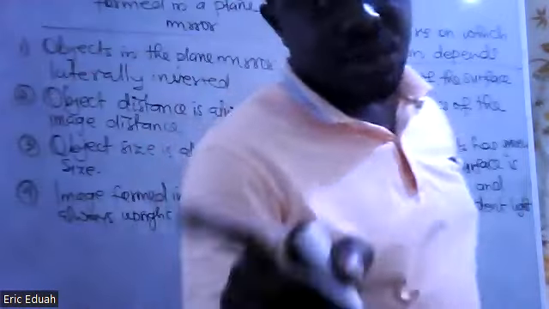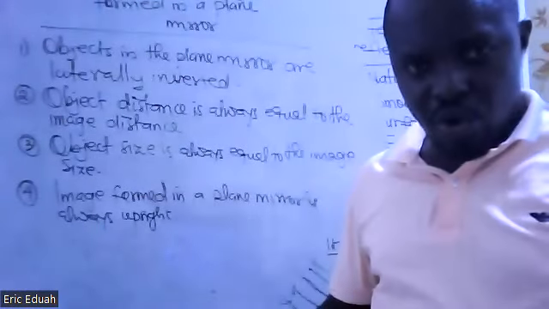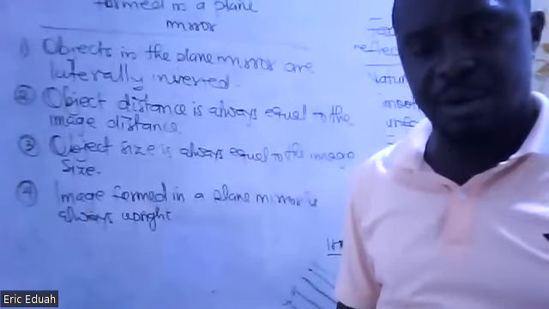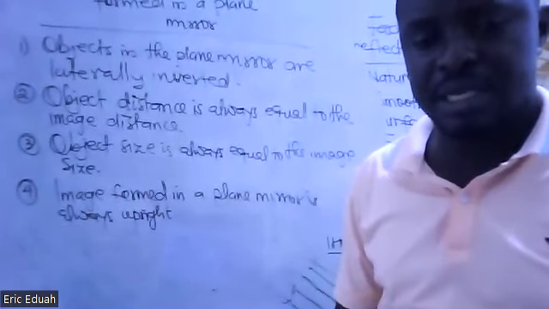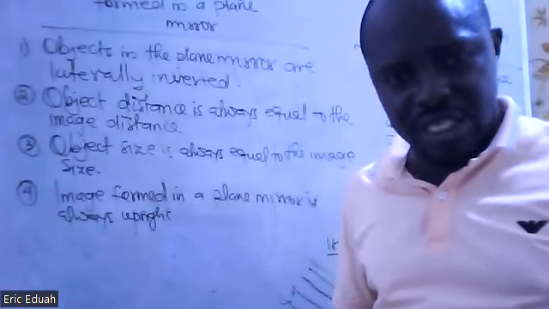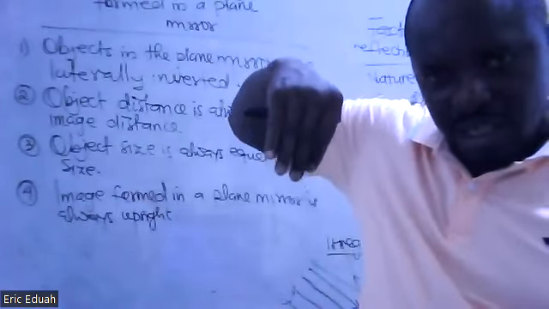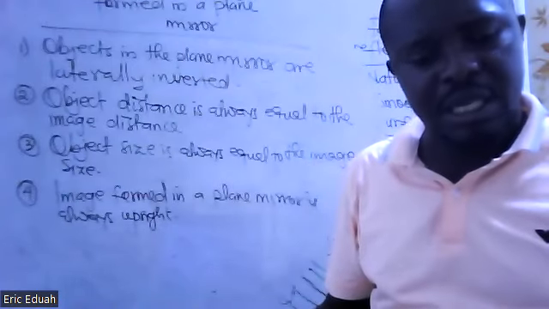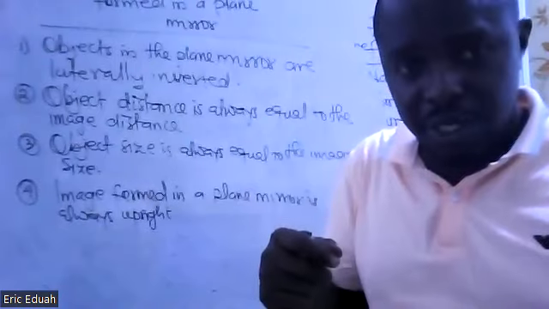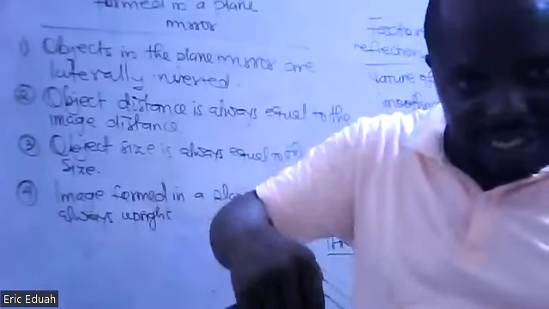In JHS, you learned about the pinhole camera. One profound observation is that images formed in a pinhole camera are always inverted. Images formed in a camera are always inverted.